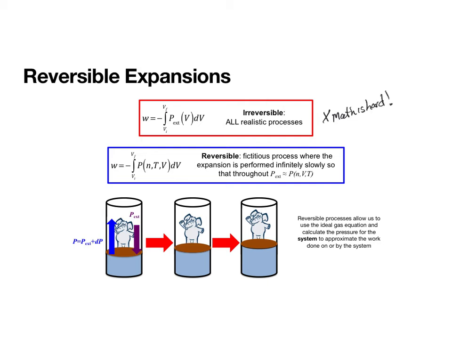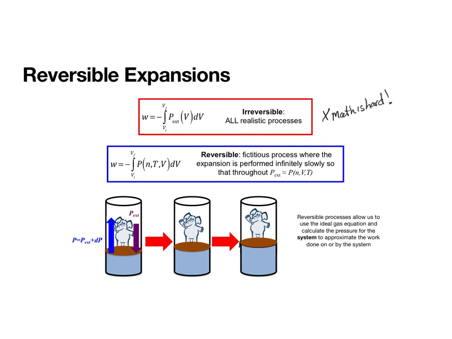So what we do is we create this process known as a reversible process. It's a fictitious process where the expansion is performed very slowly so that pressure, that P external, is approximately equal to the internal pressure because we're moving this piston just ever so slowly.